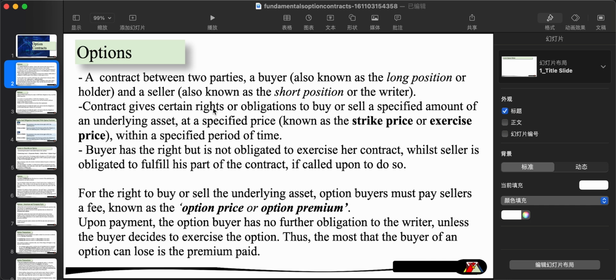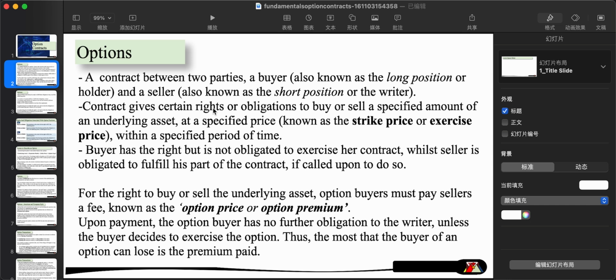So in that case, the car seller is the option writer. It sells you an option which gives you the right to purchase the car at the given promotional price.